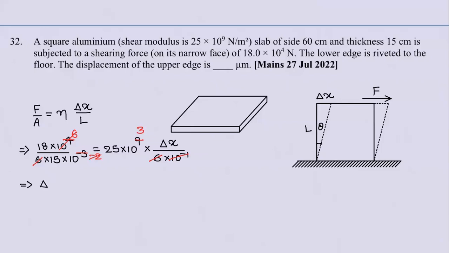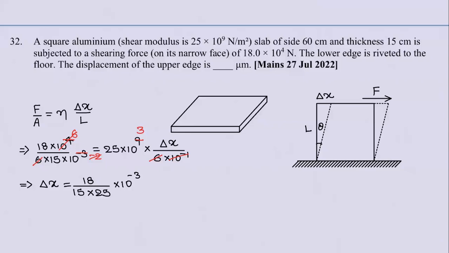That implies delta X is equal to 18 by 15 into 25 into 10 power minus 3. But I want in micro, right?